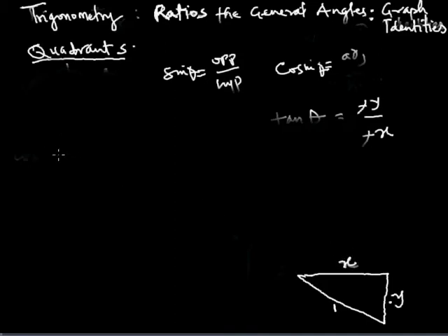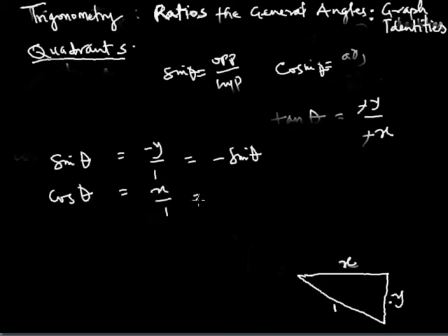Sine theta in the fourth quadrant is minus y over 1, which goes to minus sine theta. Cos theta is x over 1, which is positive cos theta. Tangent is minus y over x, which is minus tangent.